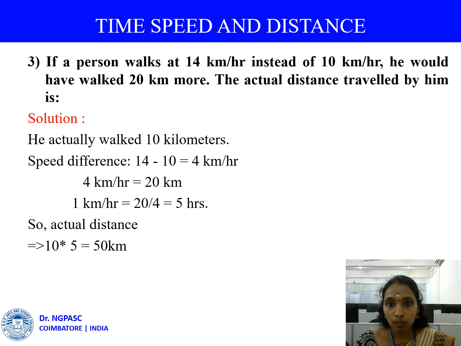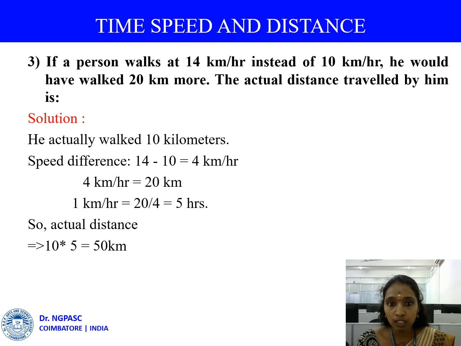The person should walk only at 10 km per hour, but he is walking an extra 4 km per hour. That is, the difference of speed is 4 km per hour. He would have walked 20 km more.